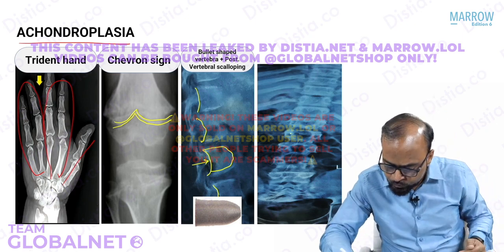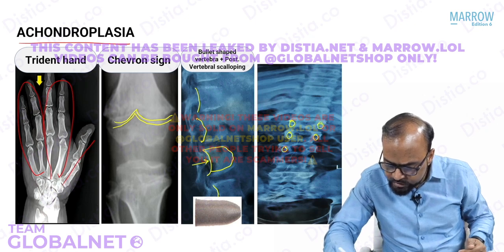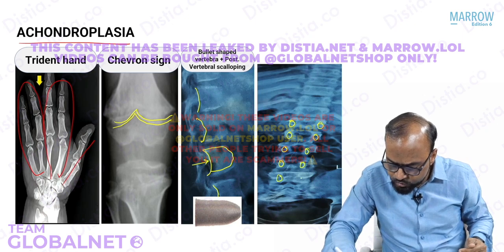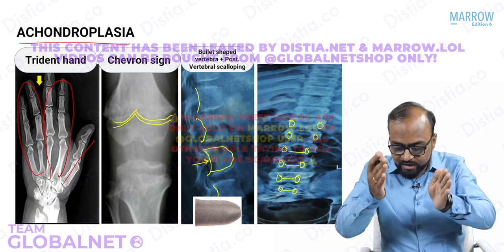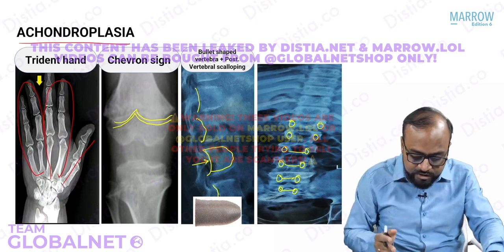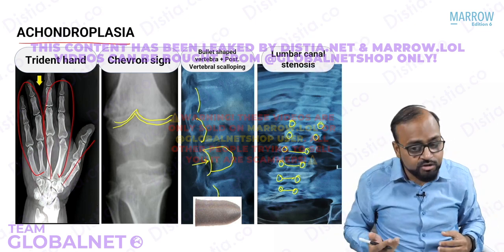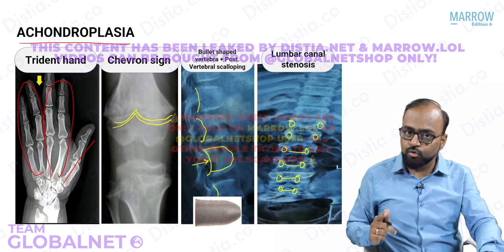If you look at the pedicles, as we come down, the distance between the pedicles gradually decreases. So the spinal canal becomes narrower and narrower. Just look at the width. As you come down from the lumbosacral region, the canal becomes narrower and narrower. So there is decreased interpedicular distance, or lumbar canal stenosis, which also happens in achondroplasia.